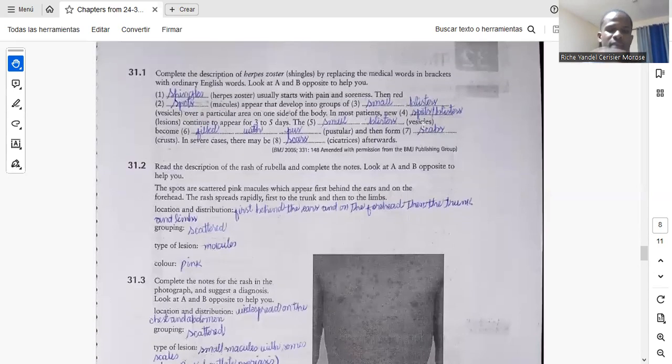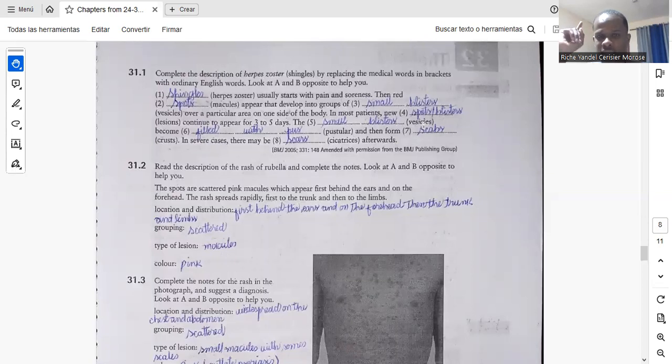Okay. Next page. Complete the description of herpes zoster or shingles by replacing the medical words in brackets with ordinary English words. Shingles, herpes zoster, usually starts with pain and soreness, then red spots, macules, appear and develop into groups of small blisters over a particular area on one side of the body.